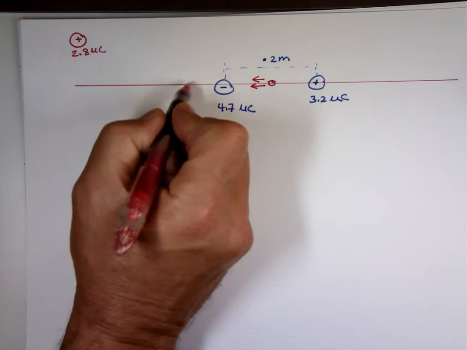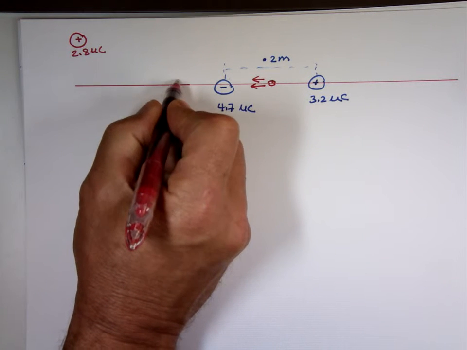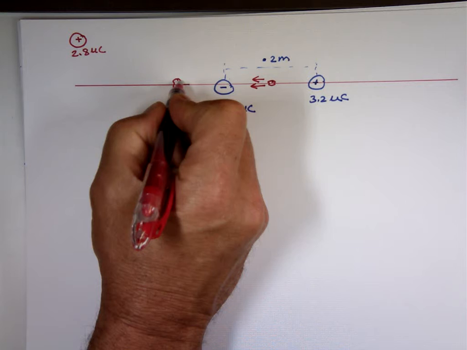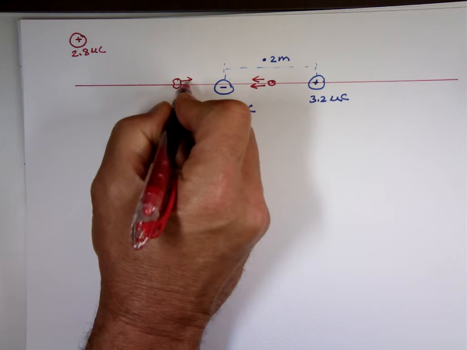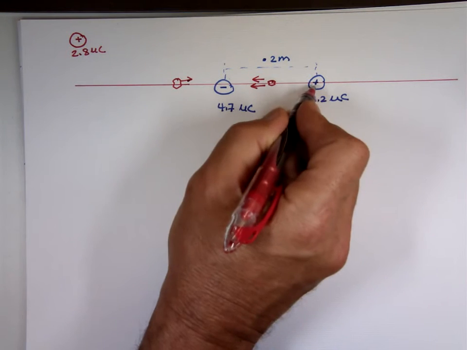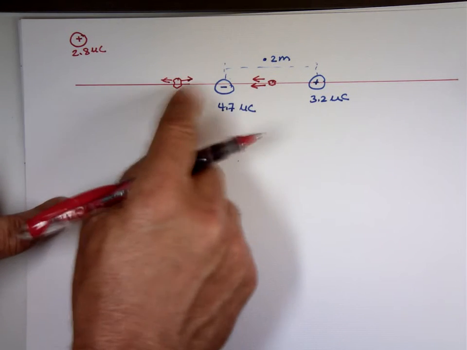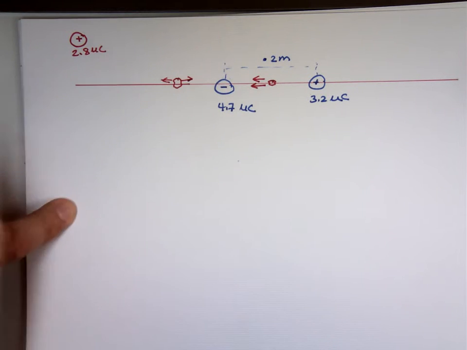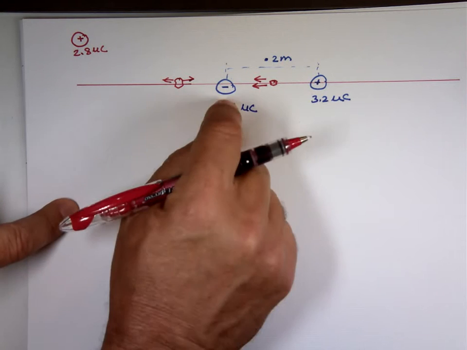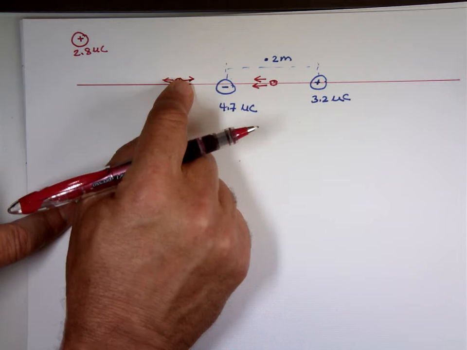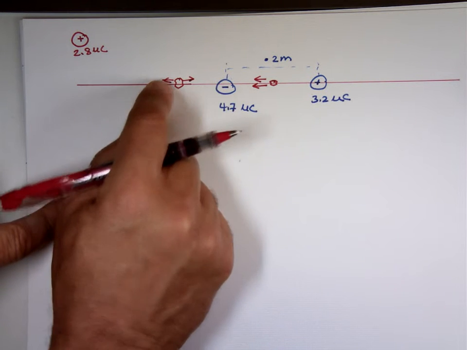Could it be on this end? Let's see. This is negative, that will pull on it, right? This is positive, it's going to push on this one. The problem with this scenario, it looks like it could happen here. It will not happen here. The reason? Because this charge is bigger and you're closer. That force will be much larger than this one.